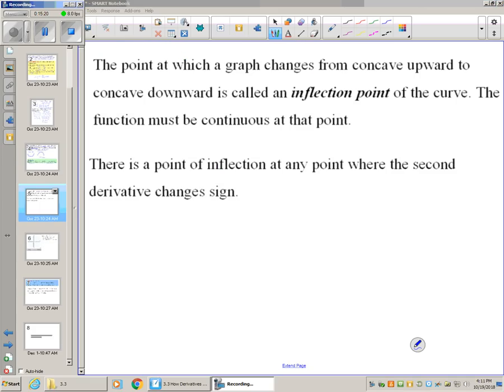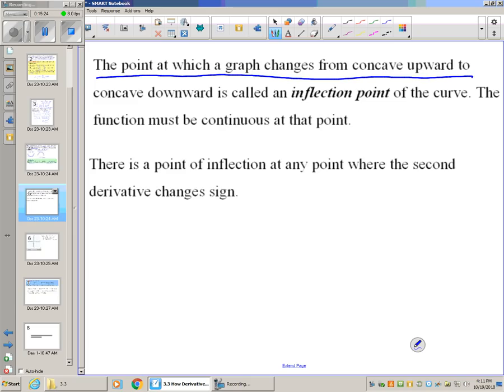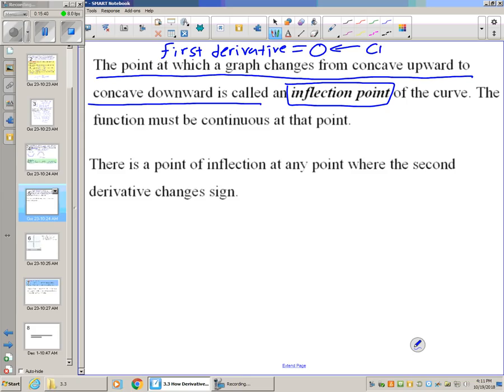One thing I want to say though, the point at which a graph changes from concave up to concave down is called an inflection point. Okay, so maybe make a note somewhere that first derivative equaling 0, that is a critical point.